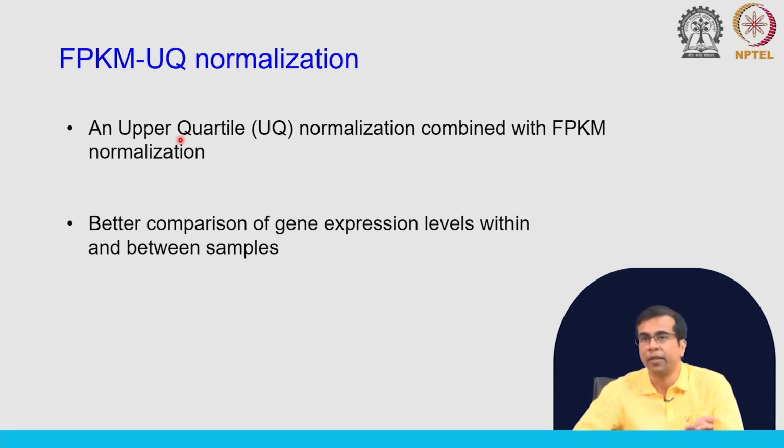This has been done for many data sets. You will find many public data sets where the count data that is given is sometimes referred to as FPKM UQ data. Once you see this kind of data, you will understand what has happened: first normalization was FPKM, then there was a UQ normalization.